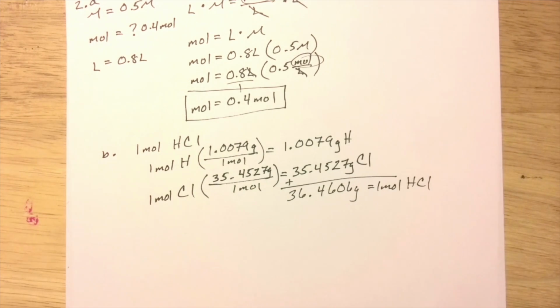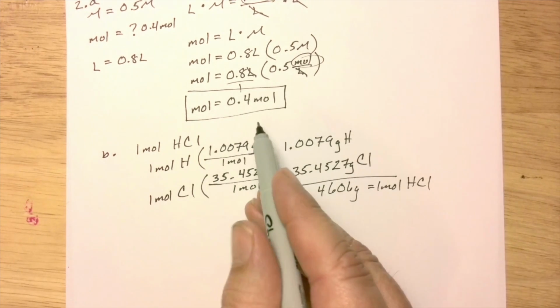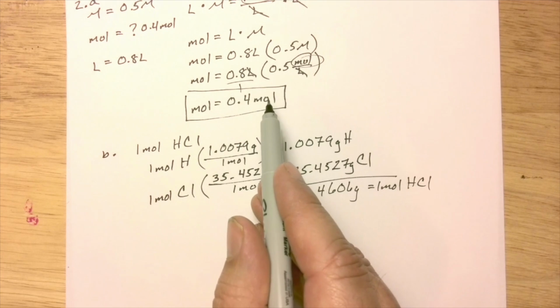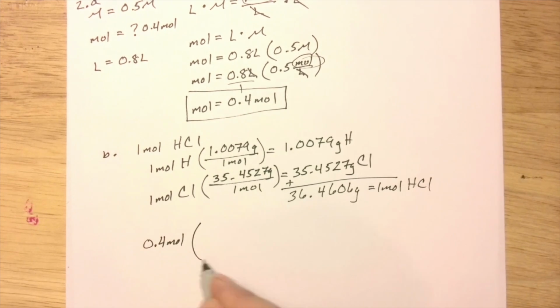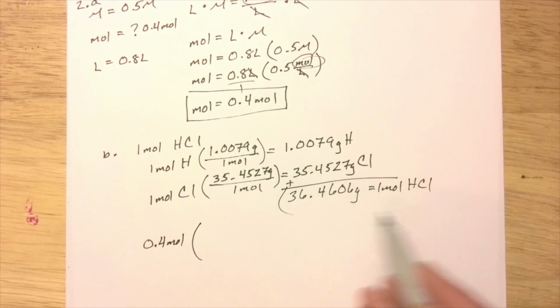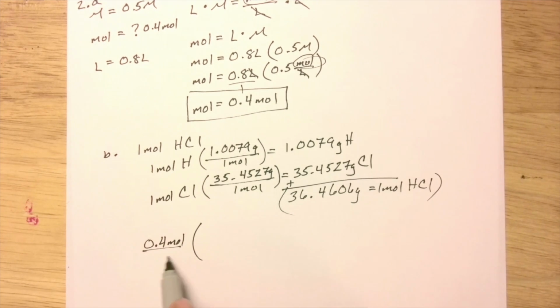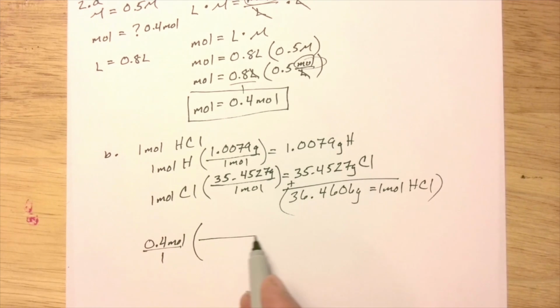So now, once we have that, we can take the information from the 0.4 moles and use this information inside the parentheses. Now, since I have the unit moles, this is technically over 1. I need moles to cancel out. So I need to put the moles on the bottom.